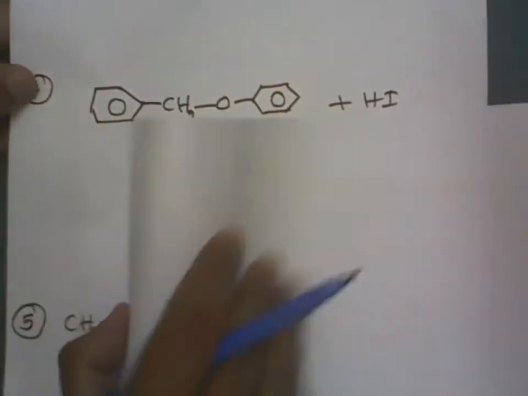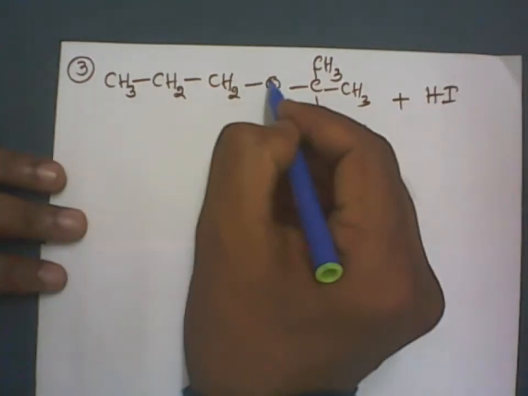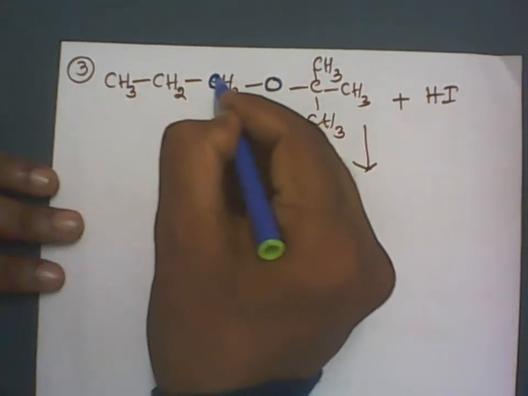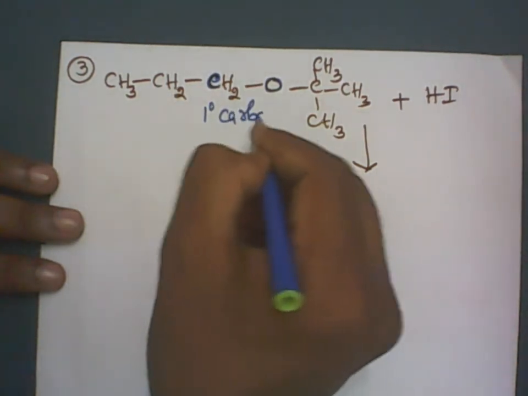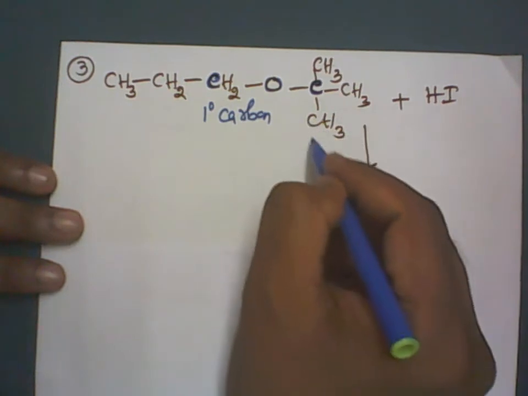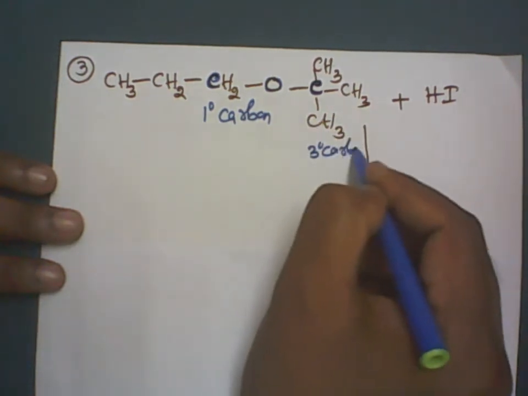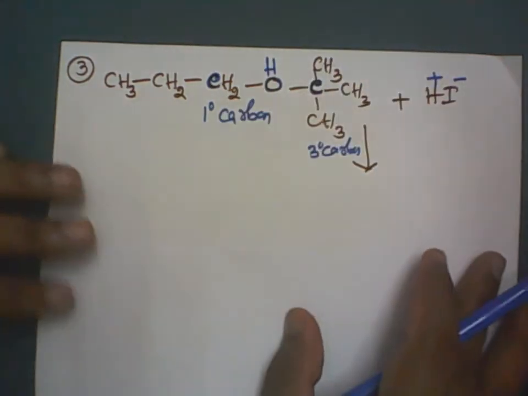Next problem, problem number 3. First of all, see oxygen attached to a carbon atom, and this carbon atom is attached to one more carbon, a primary carbon atom, and this carbon atom is attached to three more carbon atoms. Therefore this is the tertiary carbon atom, correct? Plus here, minus here. Remember, hydrogen always goes with the oxygen.